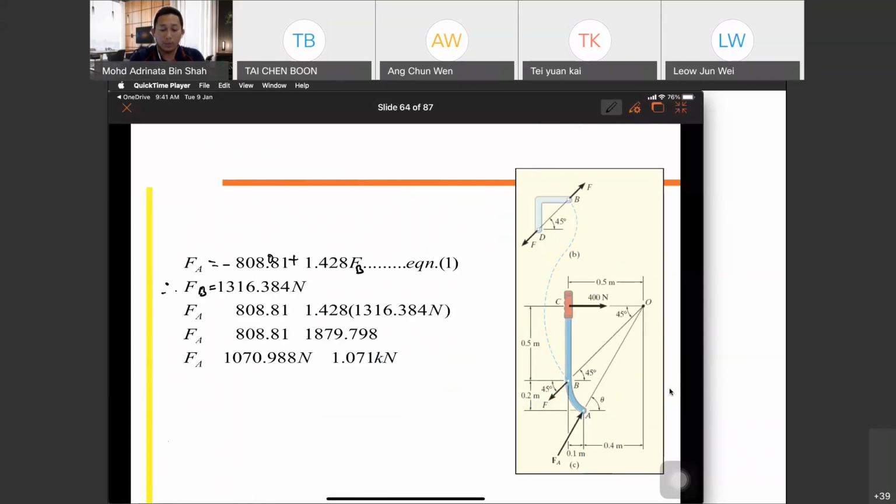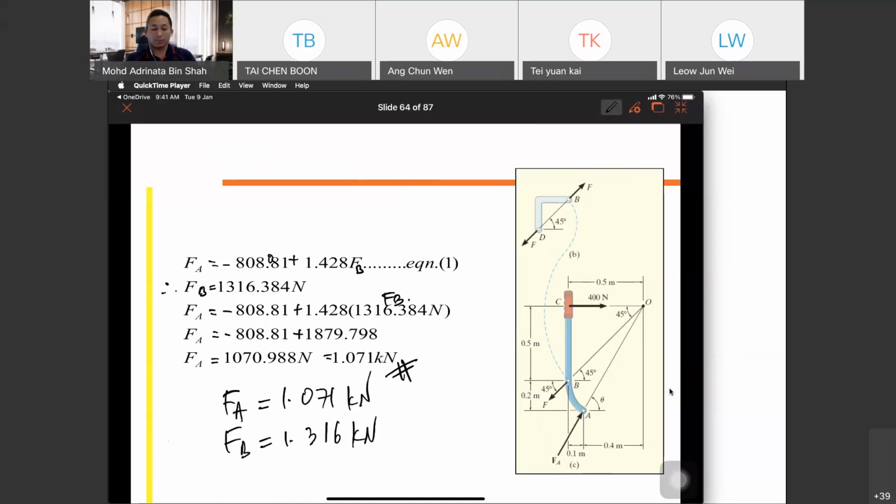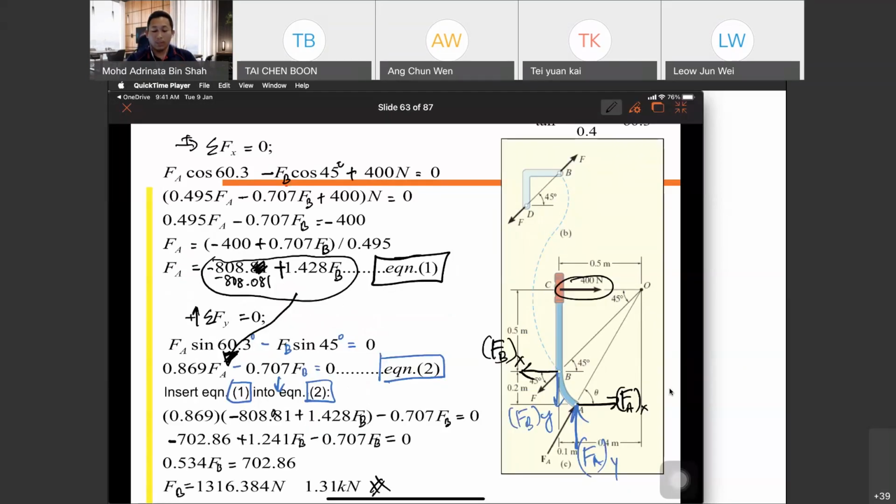Then you can solve equation number 1 by substituting FB. So you got your FA equals to 1.071 kilonewton and FB equals to 1.316 kilonewton.